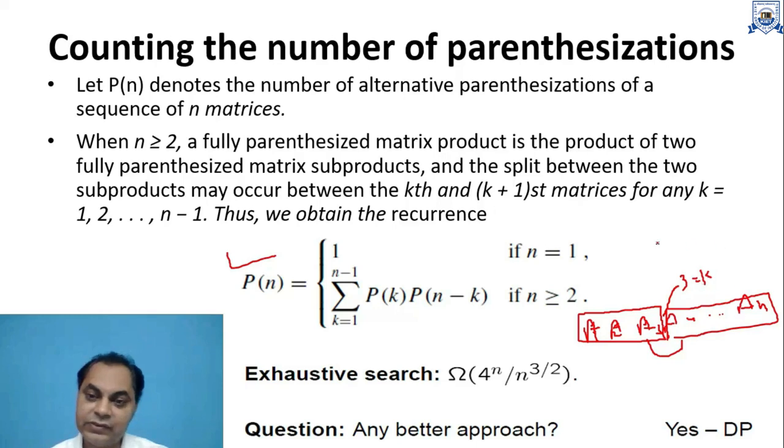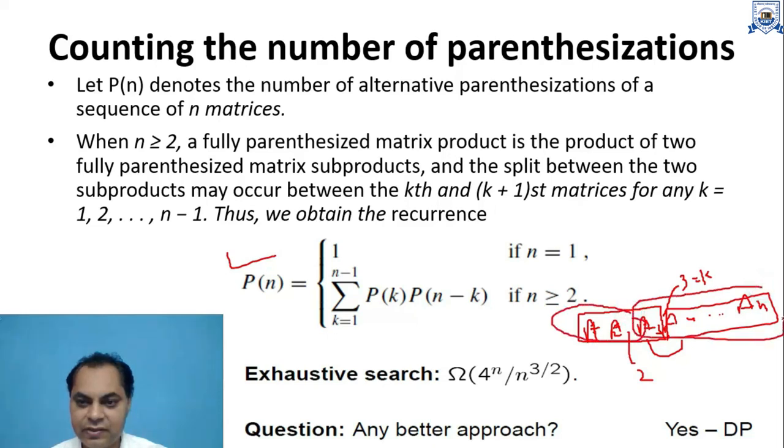This is one situation. In another situation, the value may be 2. That means we multiply the first two matrices and then multiply the rest. So we have to vary k, and the value of k varies from 1 to n minus 1, and in each and every case we have to find the number of scalar multiplications.